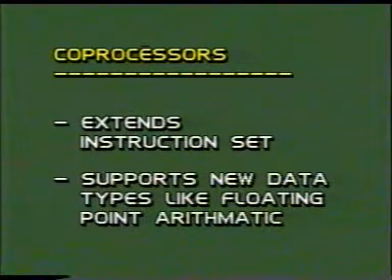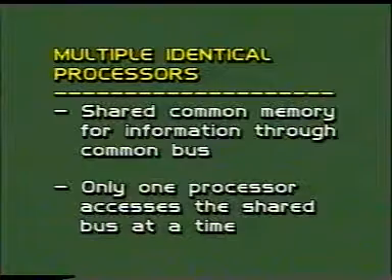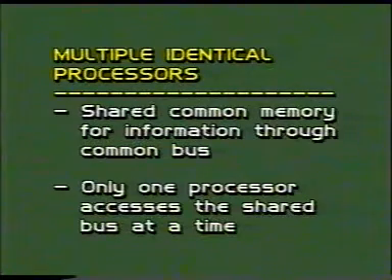This approach provides a powerful and flexible means of extending the basic instruction set and supporting new data types such as floating point operations. In the second case, multiple processors are used which share a common memory for information exchange. The sharing of common memory takes place through a common bus.